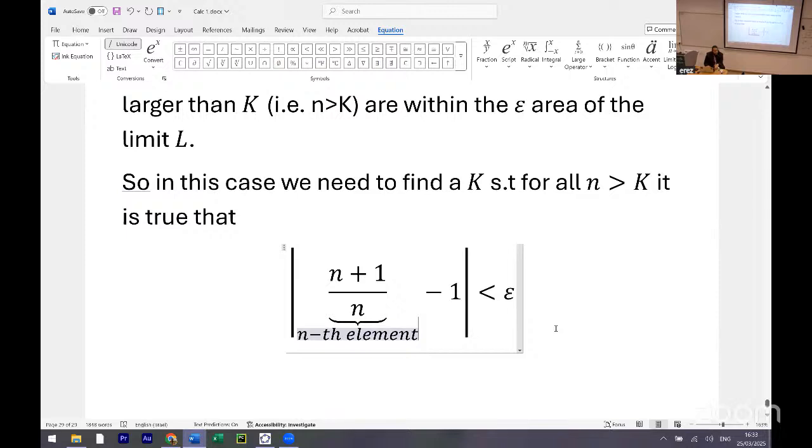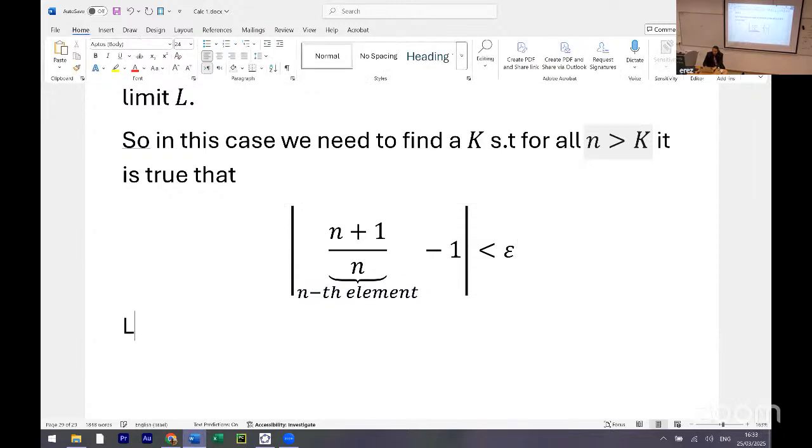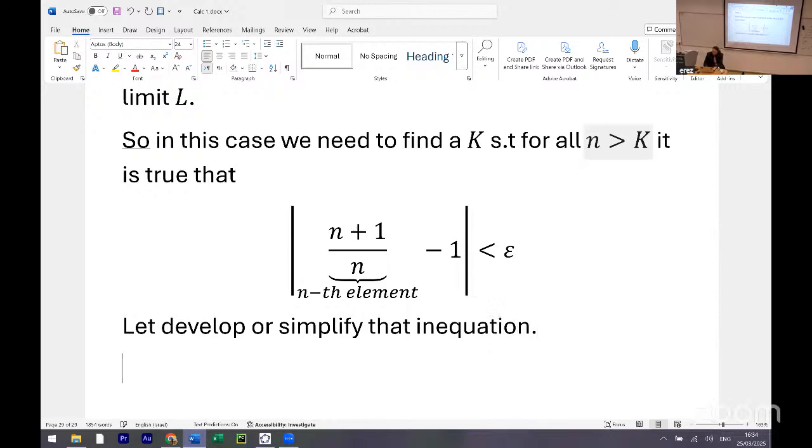So now we have an algebraic problem, and like I said before, it's a bit awkward. We need to say that this inequality holds from a certain point onwards for every n larger than a given k. So let's simplify that inequality.